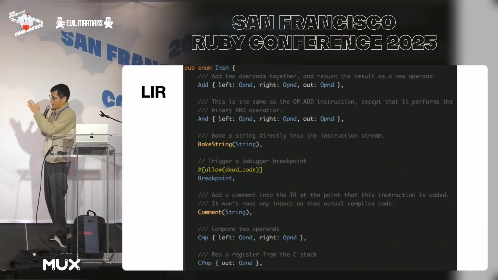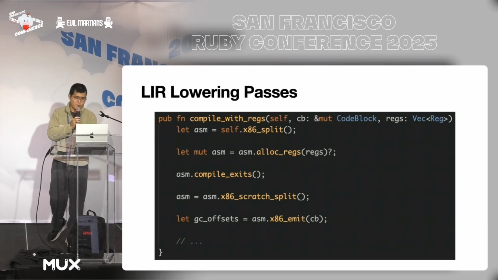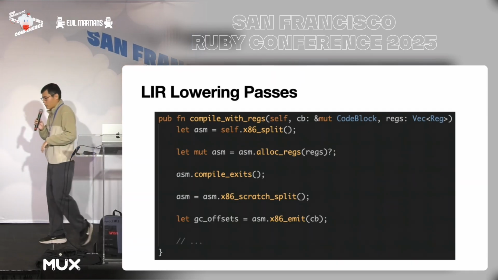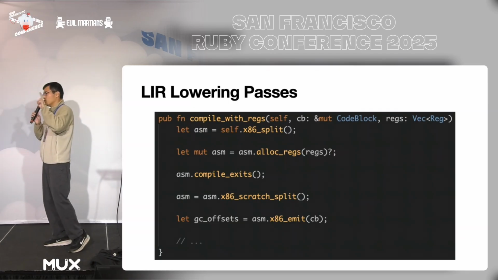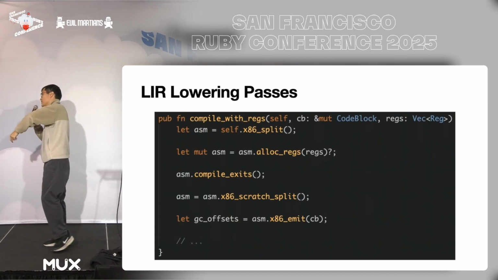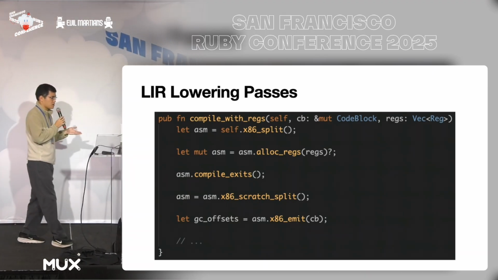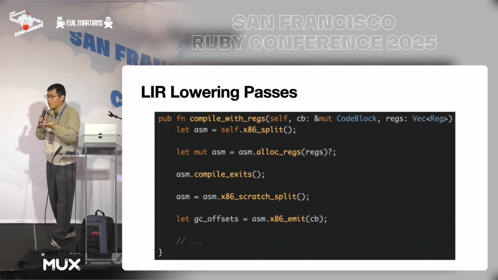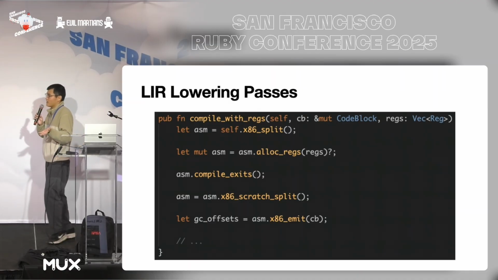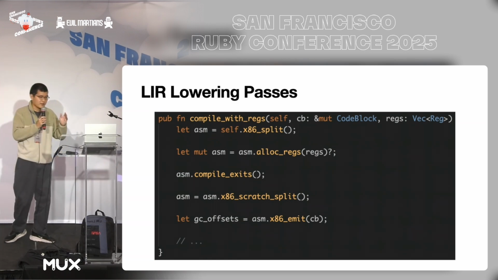So this LIR is encoded into machine code by this compiler pass. So like a regular compiler pipeline, we now have two different IRs, high-level optimization passes, and then low-level passes. So every optimization that was possible in a traditional compiler is now possible in the Ruby compiler as well. So if you have ideas that should be possible in the Ruby compiler, we can now do that in ZJIT.